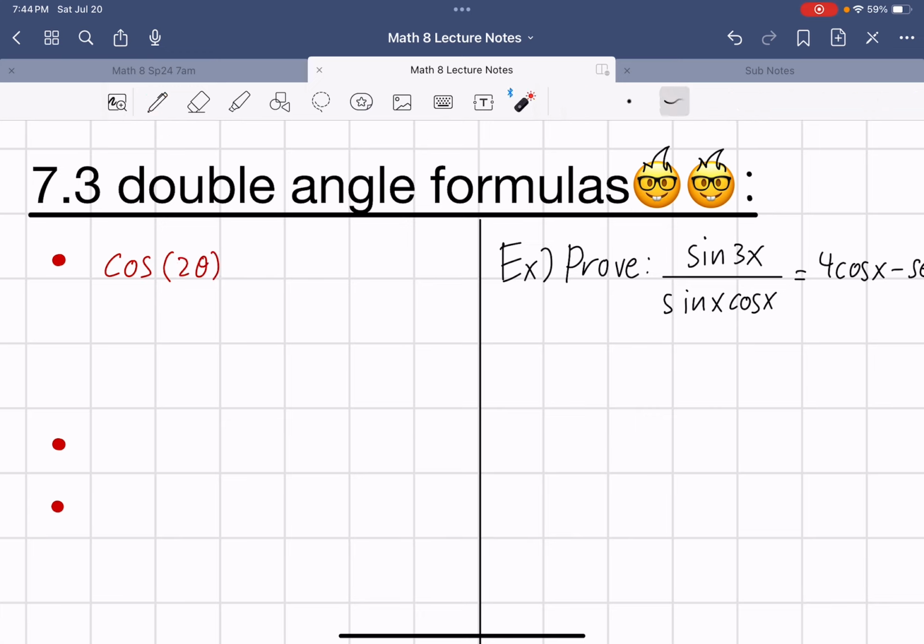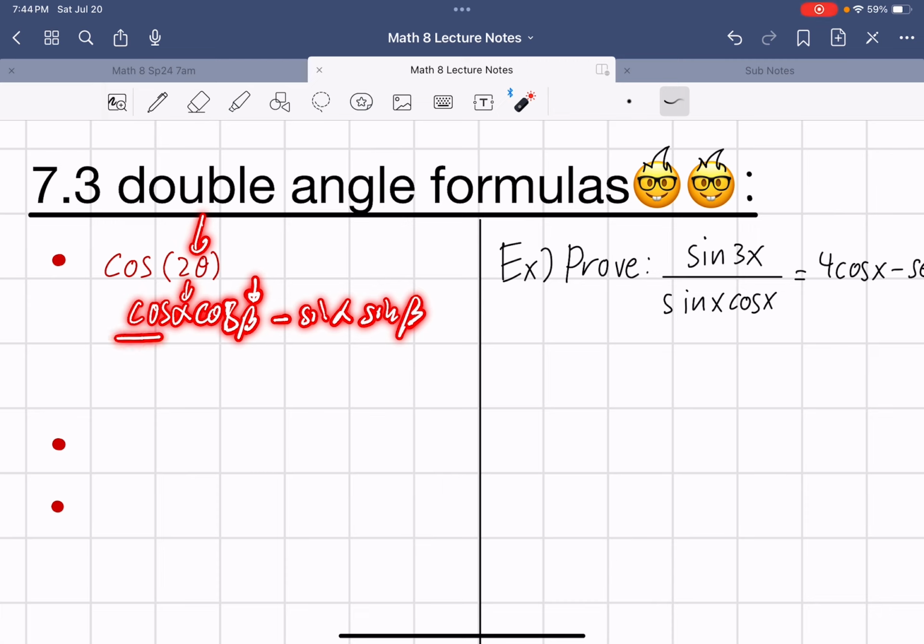And if you remember the sum and difference formula for cosine, just the sum one, it's cosine alpha cosine beta, and then it's minus sine alpha sine beta. But what happens is that these two angles or radians are the same.